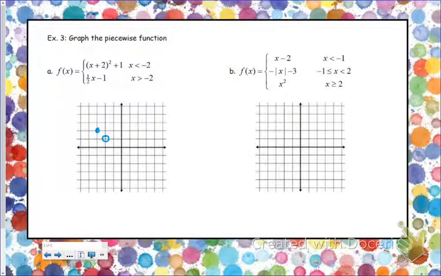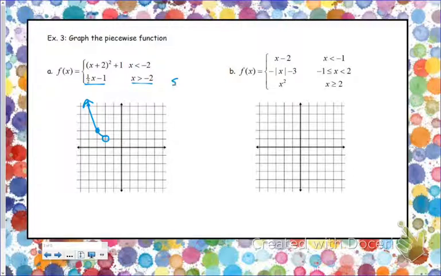If I were to plug in -5 or -4, that would give me 4 plus 1, which is 5. And again, I'm only going to graph in that direction. Remember, if you don't remember the parent function or things about it, you could plug in those points to get those values. But it helps to know the parent function so we know the general shape that this should look like.